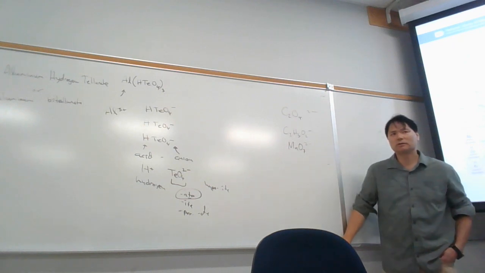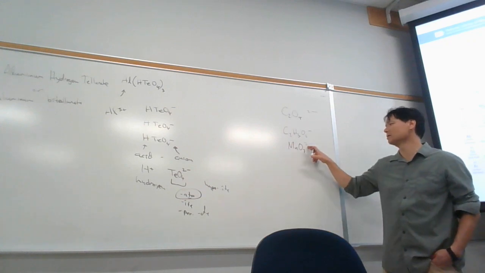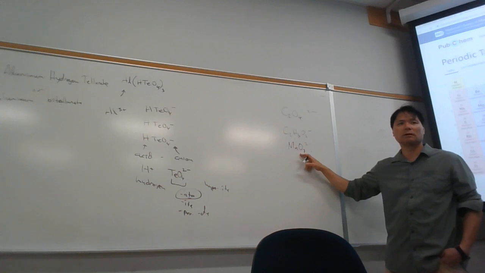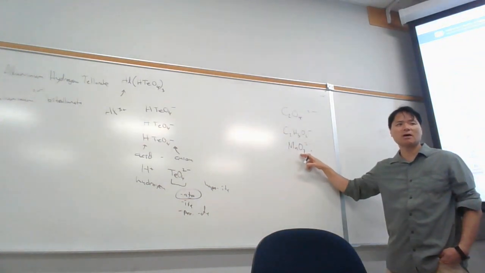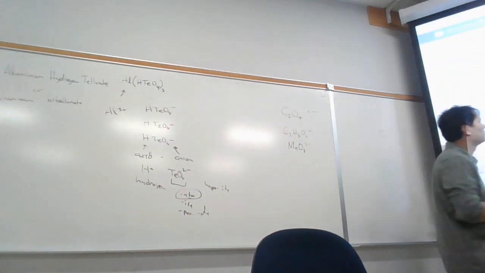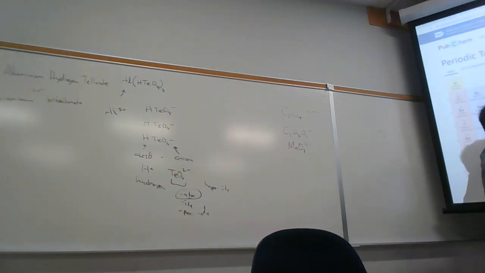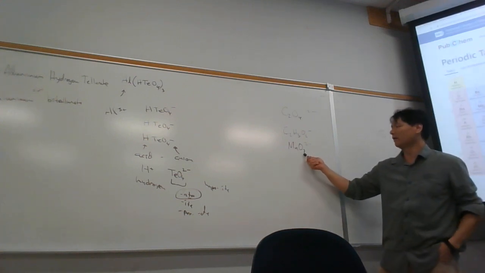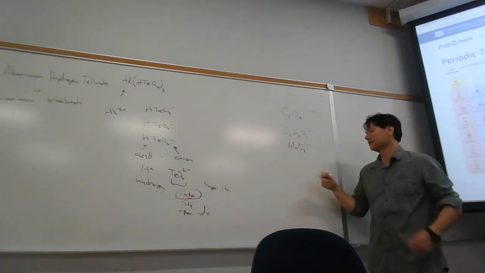So there are different tricks to memorizing this. One trick is manganese is maxed out. If manganese is maxed out, what is its positive charge? The periodic table shows us the max positive charge would be 7.